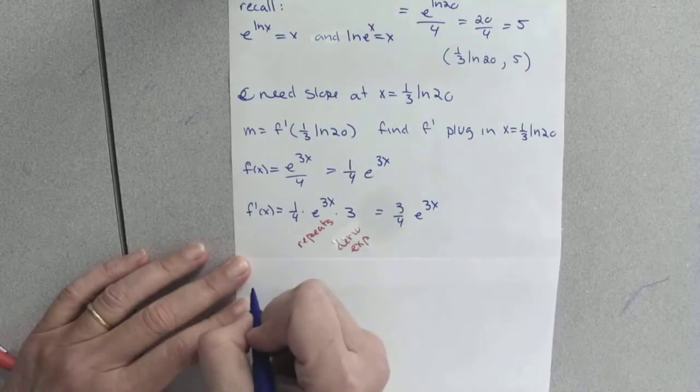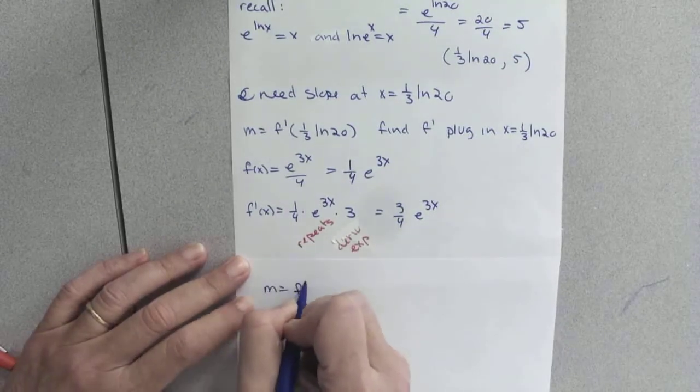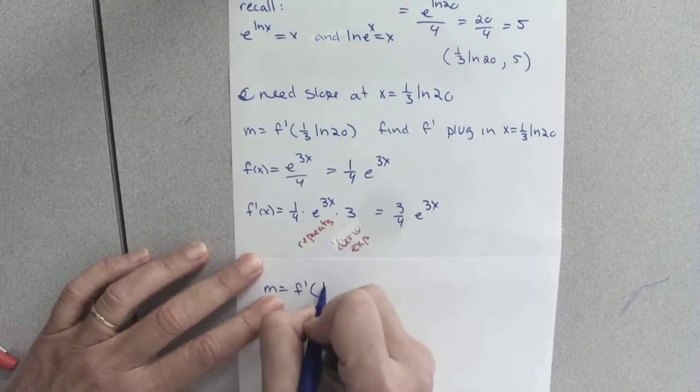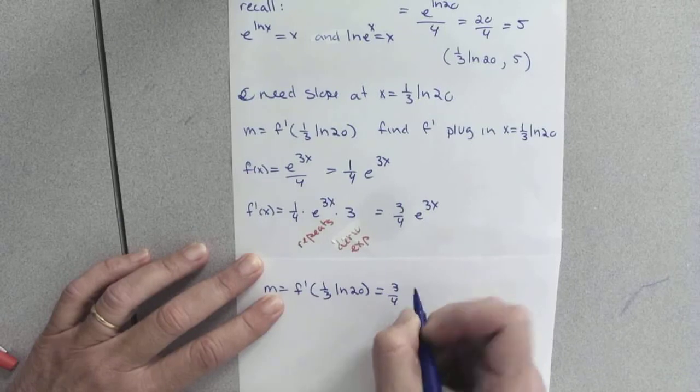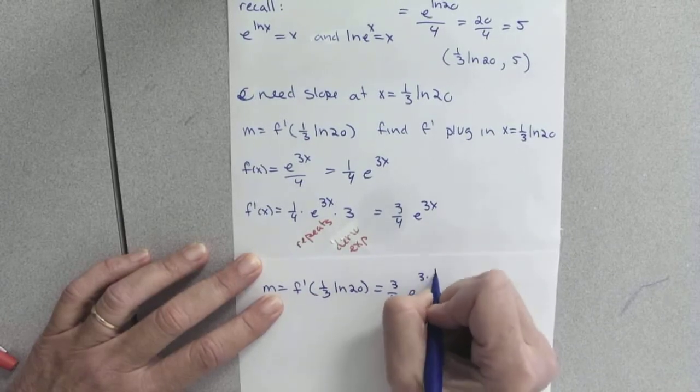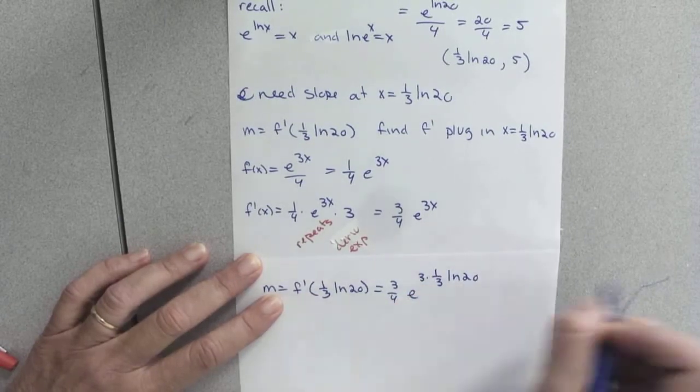And so then my slope, which was going to be my derivative evaluated at 1/3 natural log of 20, becomes 3/4 e raised to the 3 times 1/3 natural log of 20.